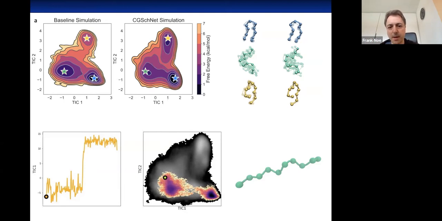So the aim here is really to learn a coarse-grained force field that represents the thermodynamics of the all-atom force field. So there's a systematic coarse-graining procedure starting from a force field that we have enough trust in, and then learning something that is hopefully computationally more efficient.